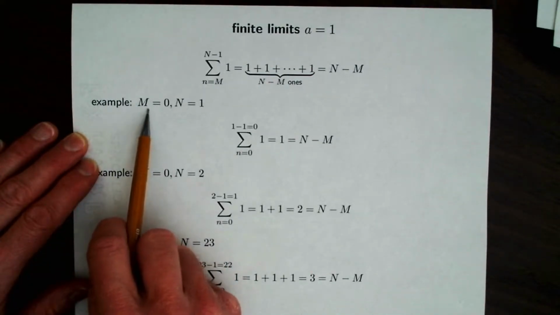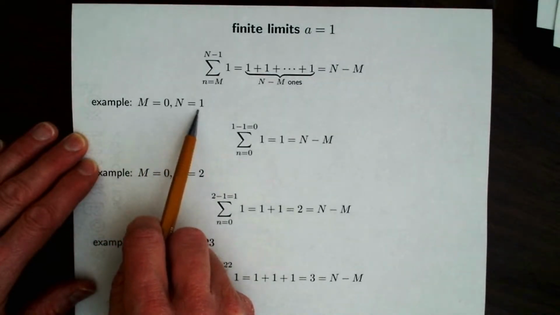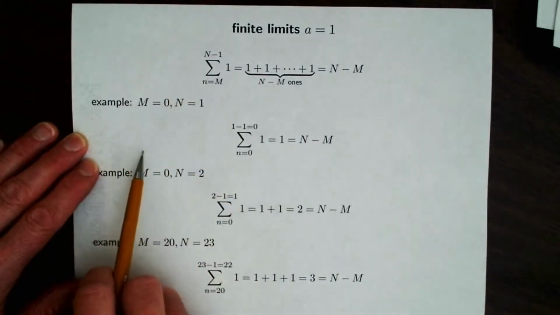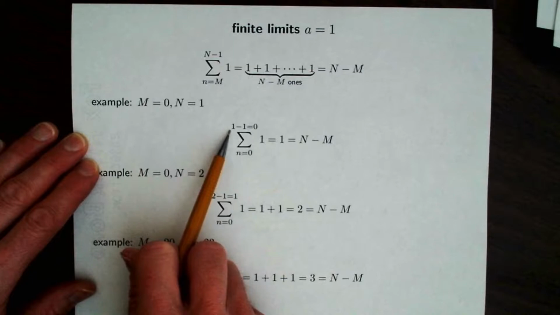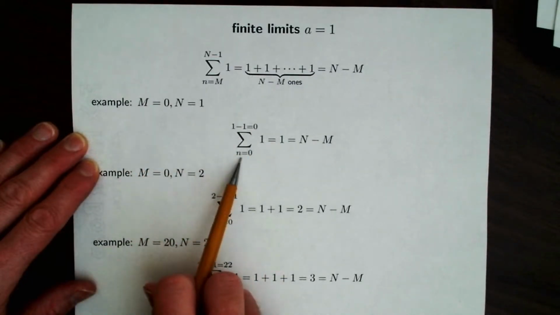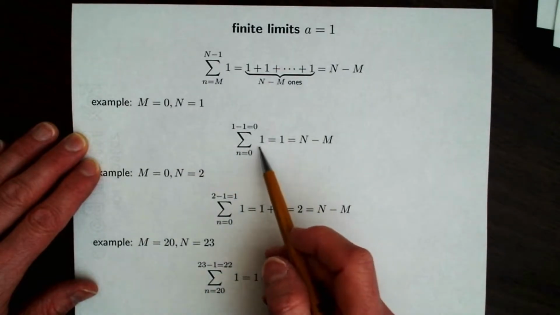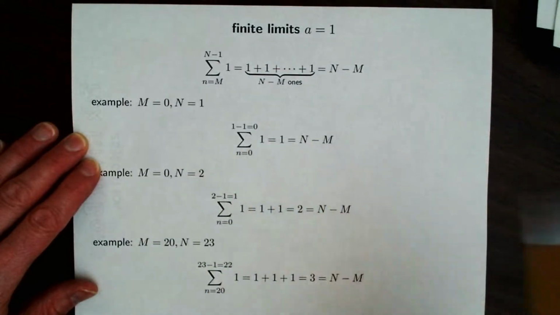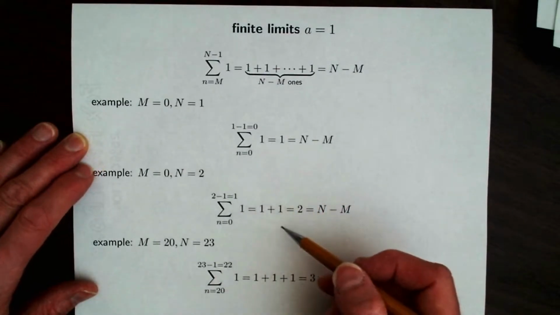First of all, let's suppose the lower limit is 0 and then n is equal to 1. So in that case, if we plug those numbers into this formula, the upper limit will be n, which is 1, minus 1, which is 0. The lower limit is 0. So we actually have one term. We're summing from 0 to 0, so that's one term. And we're summing 1, and so that turns out to be 1. And it turns out to be the value of n minus m as well.